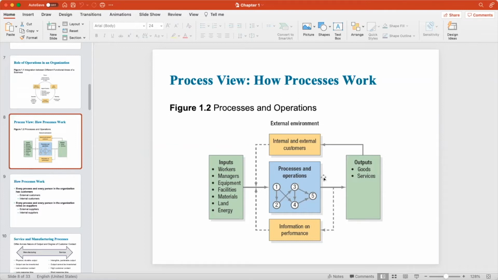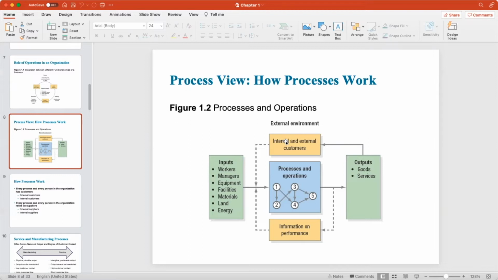On the other hand, there is also external feedback, because your output will finally be delivered to the customer. So no matter whether they are internal or external customers, they will give you their feedback, whether they think this product is already satisfactory or it still needs to be improved.